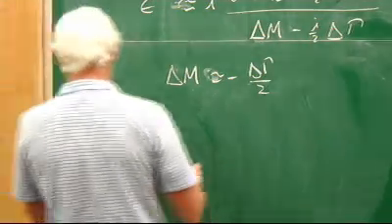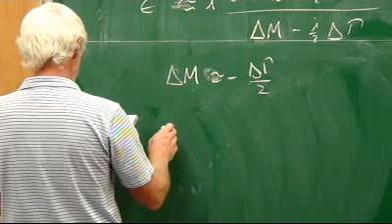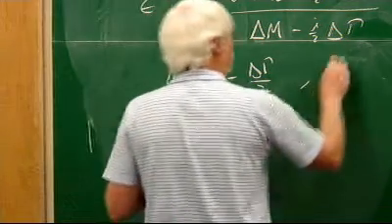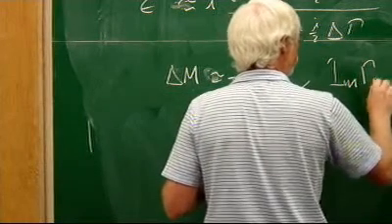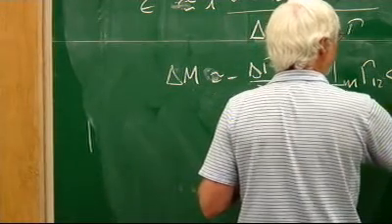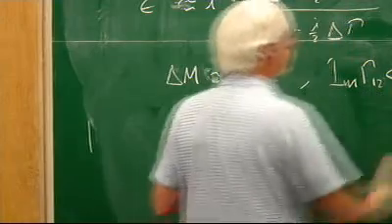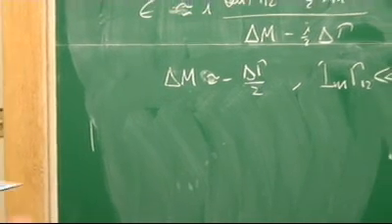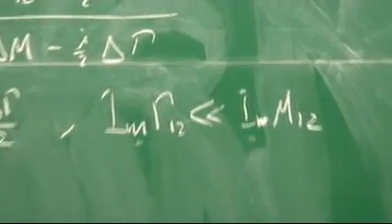So I can rewrite this using another piece of information that I will actually justify later. The imaginary part of gamma 12, I'll mention this later, I'll justify this. So just use this, and then you get a very simple formula if you do all of this.